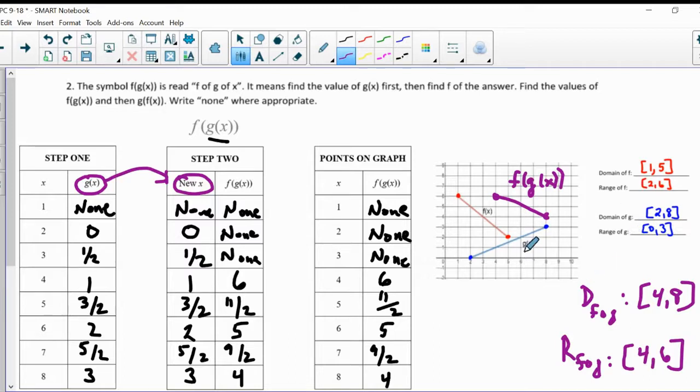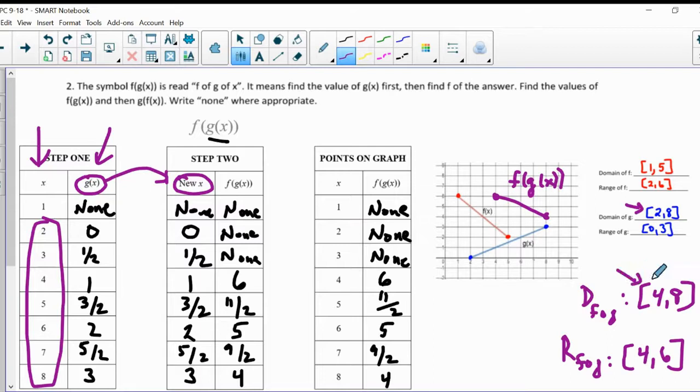Now, one of the important things is g was the first thing that I substituted in. So the domain of g is originally what I started with. I can't be anything less or anything more than what I started with. The domain of f of g has to be somewhere in 2 to 8.